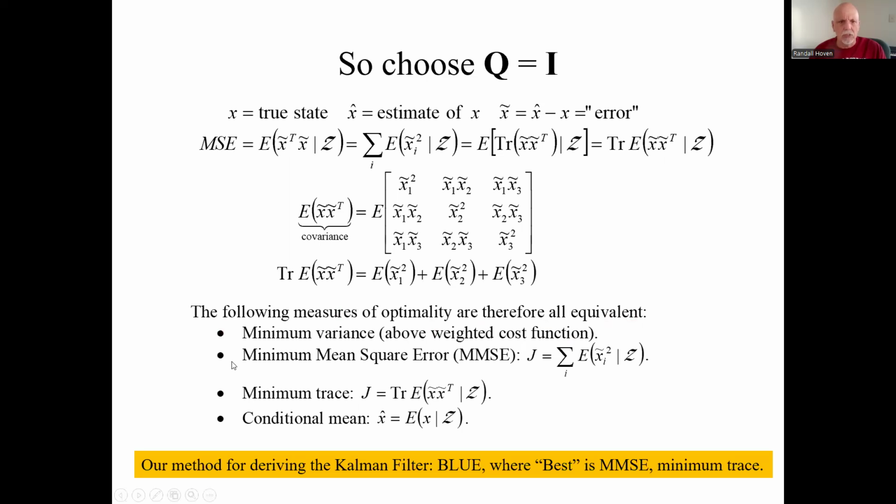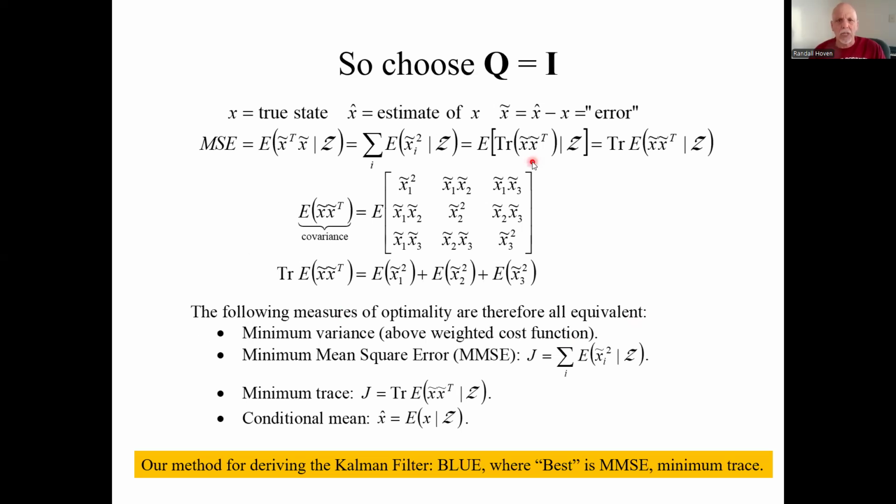Minimum variance turns out to be the same as minimum mean square error, which we talked about before, which also minimizes the trace of this covariance matrix, and also the conditional mean. All these things are really the same thing. They're the same measures of optimality, which I think is pretty remarkable.